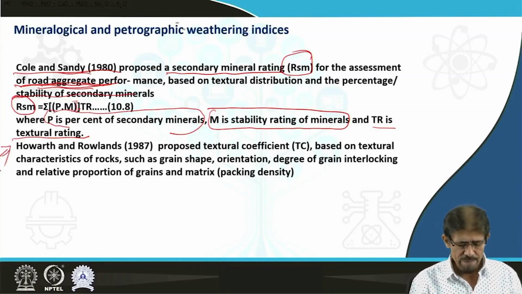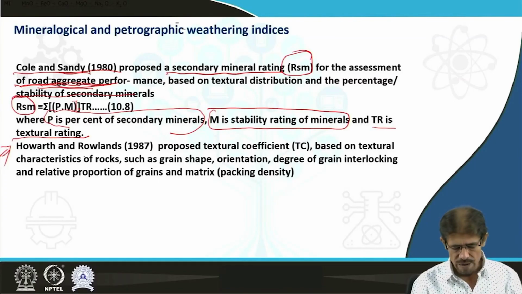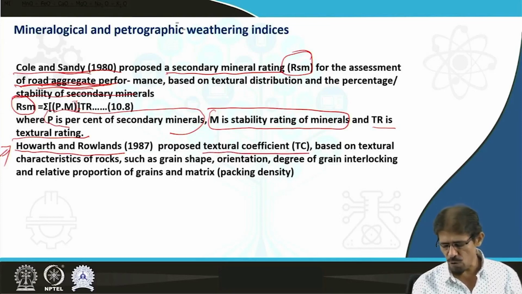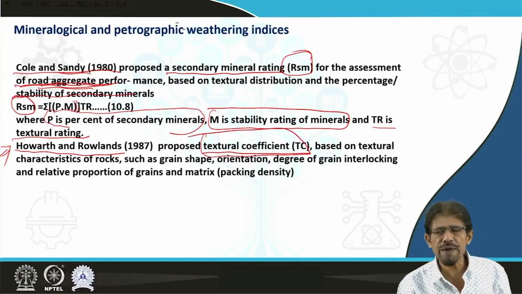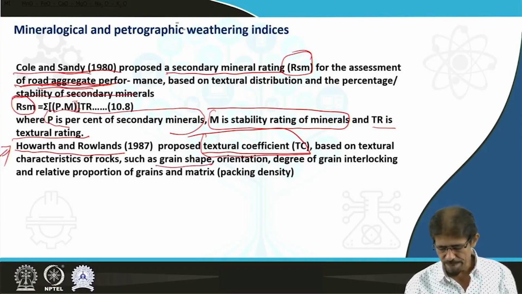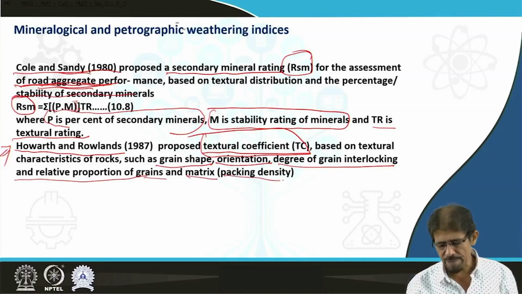One very practical approach was developed by Howarth and Rowlands. They proposed an innovative concept in terms of textural coefficient. This textural coefficient is simply a quantitative estimation of different petrological properties of rock, like grain shape, grain orientation, degree of grain interlocking, and relative proportion of grains and matrix as packing density.